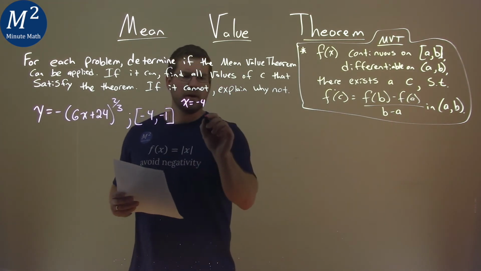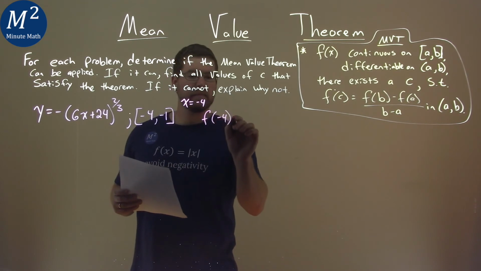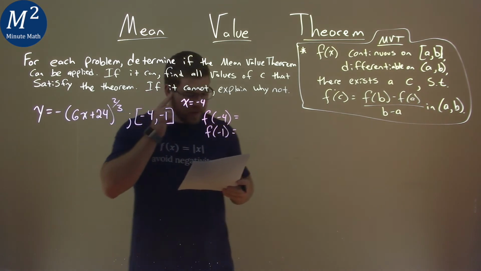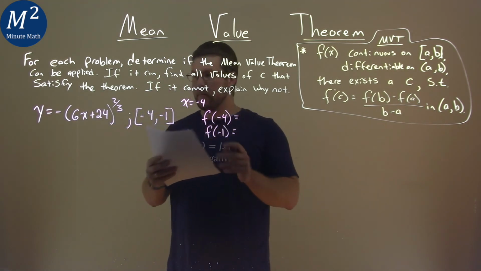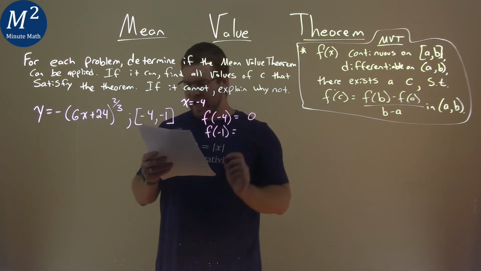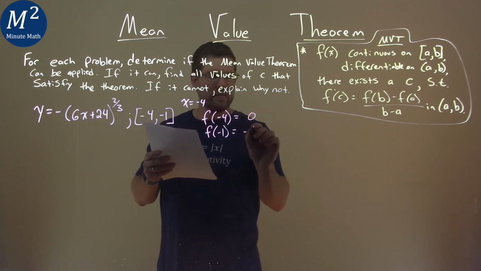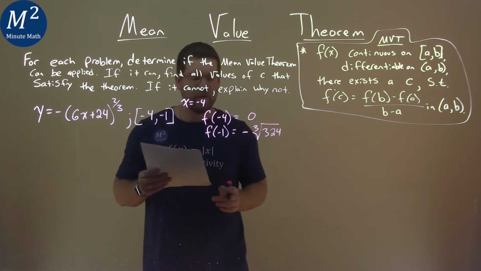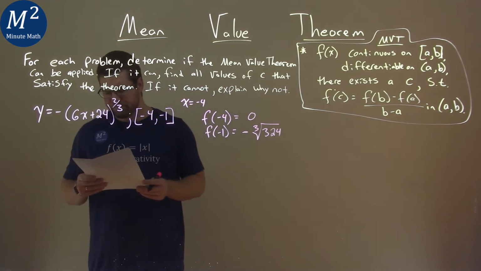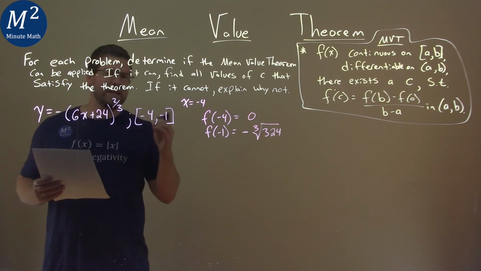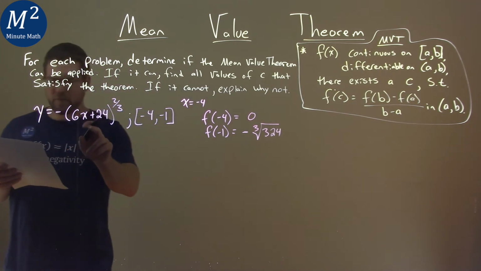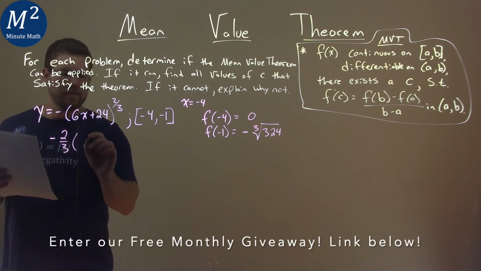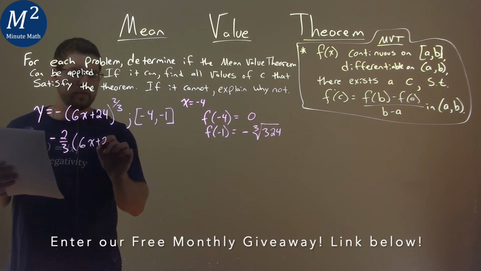Now we want to find what is our f of negative 4 and our f of negative 1. I found these values for you, and f of negative 4, when plugged into our function here, is a 0. But the f of negative 1 is a negative third root of 324. Now let's not be afraid of the weird numbers here. The mean value theorem states that we need to take the derivative. So the derivative of our function here: negative stays out front, power rule, 2/3 comes down, keeps the inside here, 6x plus 24.